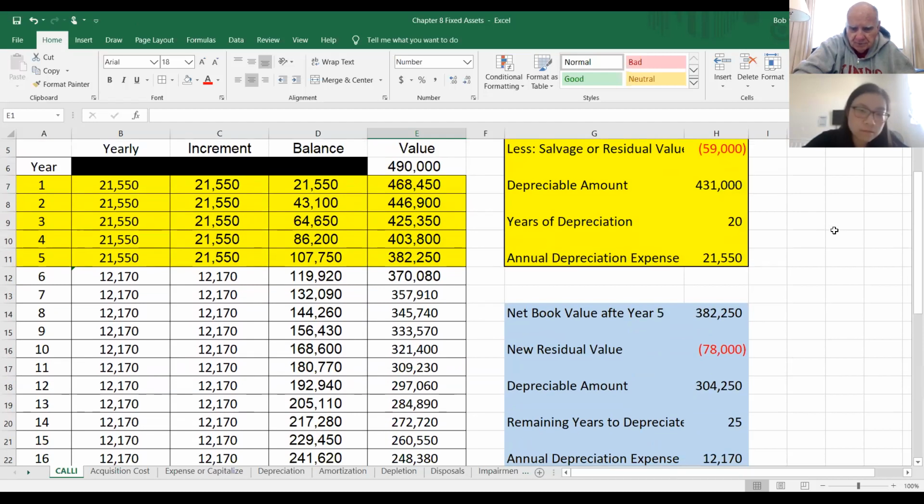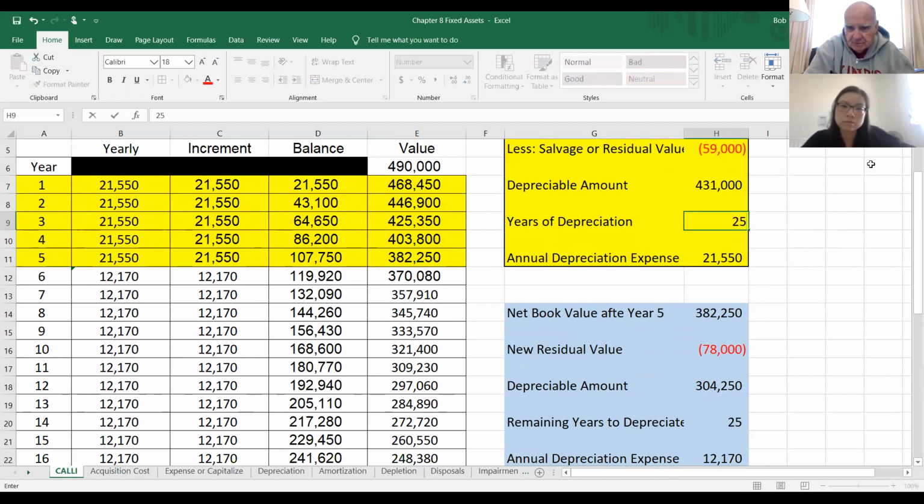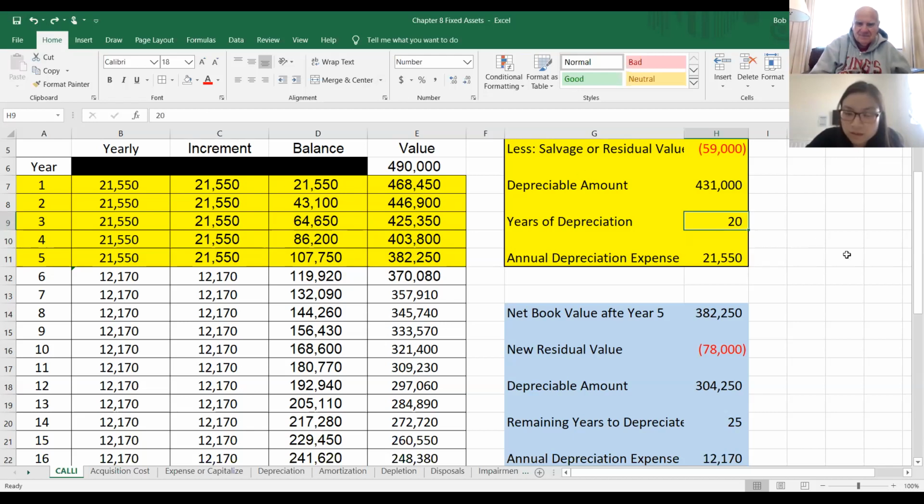I think these numbers are going to be right. The only question is this number, should it be 25 or 20? And 25 gives you a crummy, well, it could be 25. I'm really not sure. First they said 20 years, and after 5 years, what they did was they added 5 years to the life of this machine. So I'm pretty sure that 20 is the right number. Okay.